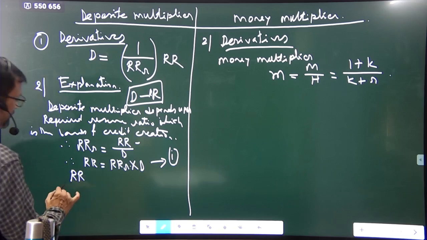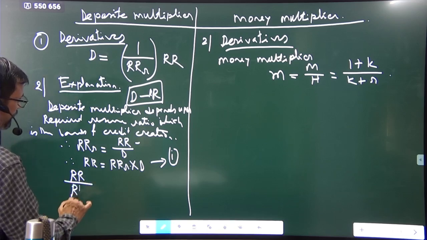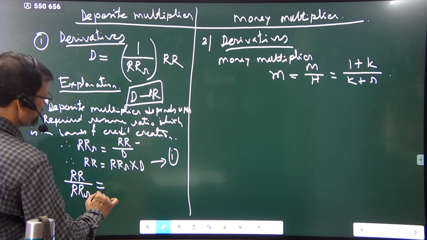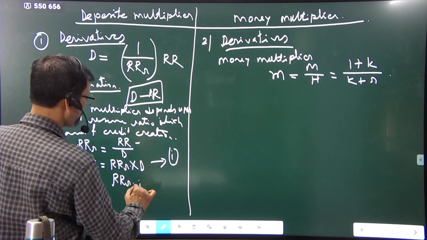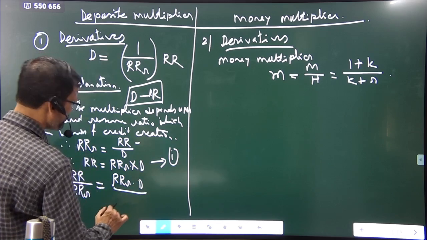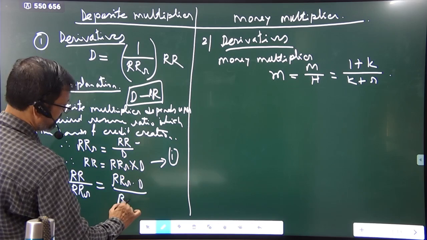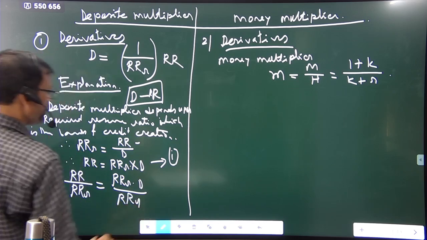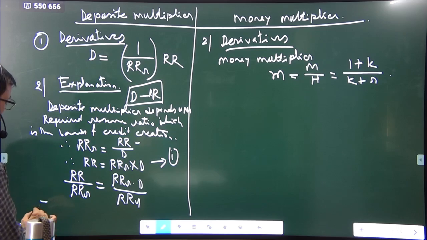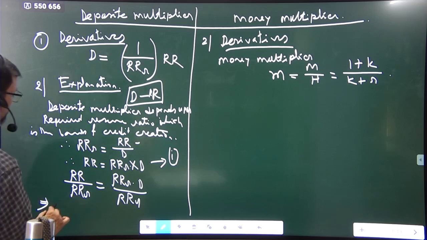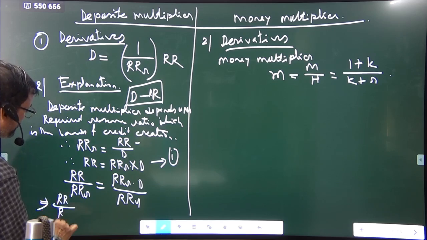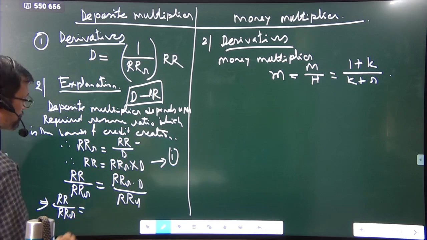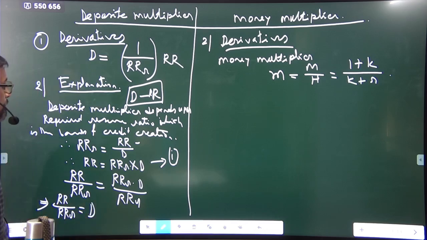That is, the reserve amount upon the required reserve ratio is equal to D.